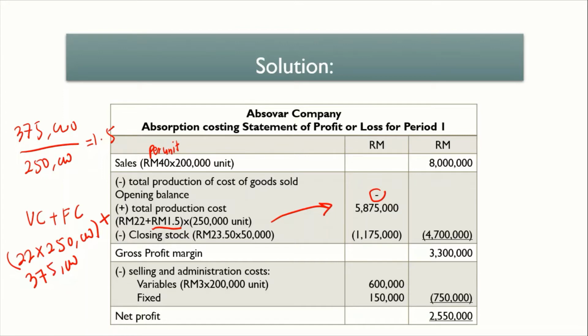After you've gained your total production cost, you have to deduct the closing stock. So what is a closing stock? Closing stock is the stock that is unsold for the period. It is not sold during the period. It is 50,000.